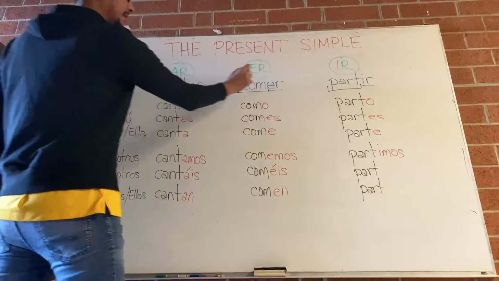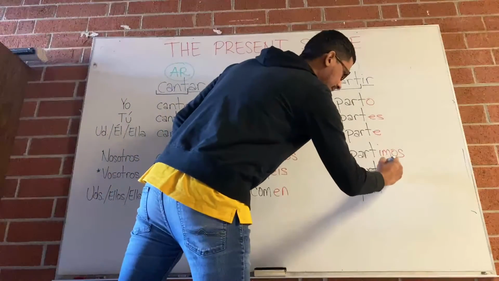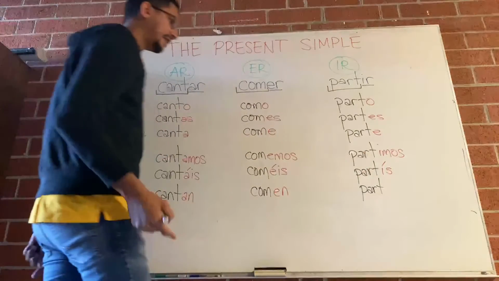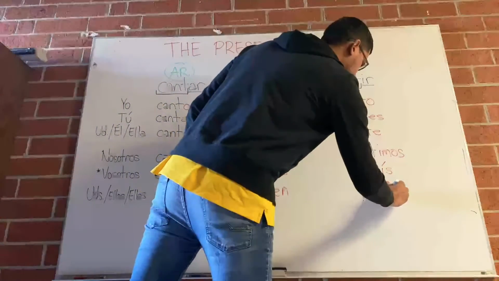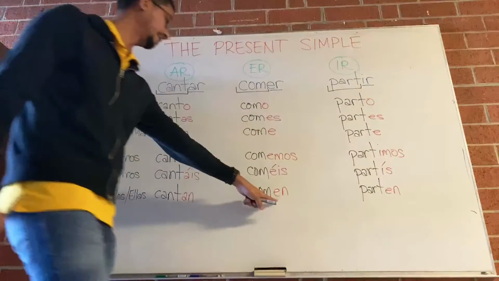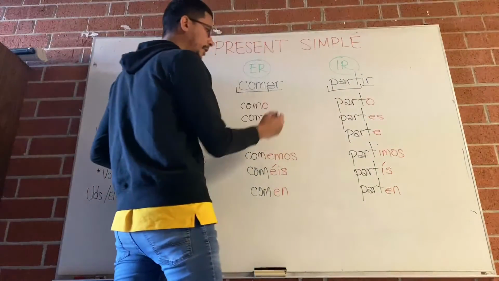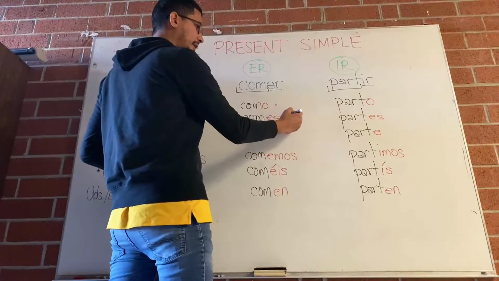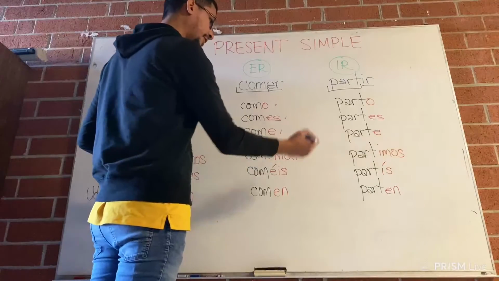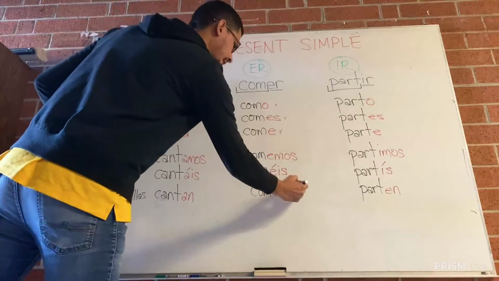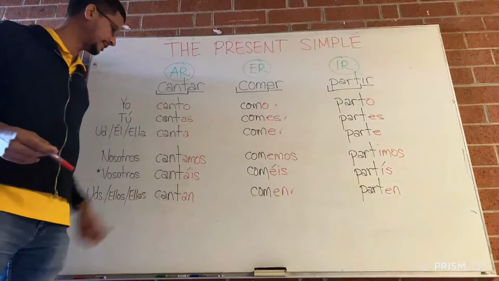So that's A, E, I, right? Vosotros partís, I accent S. And then the last one is ellos or ellas parten, EN, right? It's similar to this one. So basically these two are similar right here for two. They're similar here and here, right? But this is totally different from the rest.